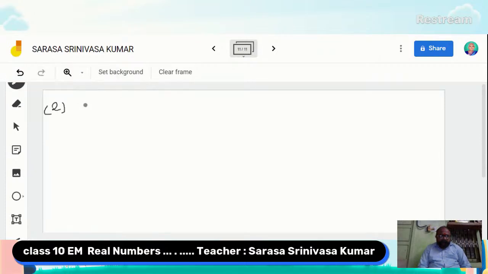Second problem. 7 by 25. This is equal to 7 by 5 square. Now I consider the denominator 5 square. The denominator is of the form 2 power 0, 5 square.